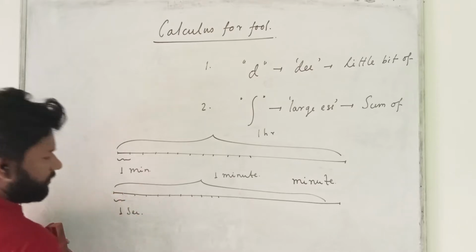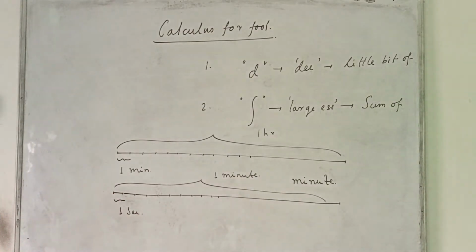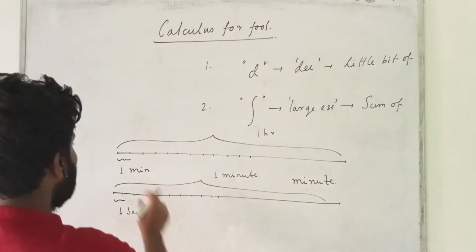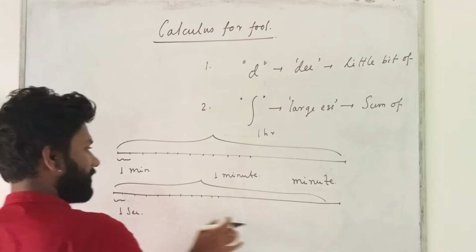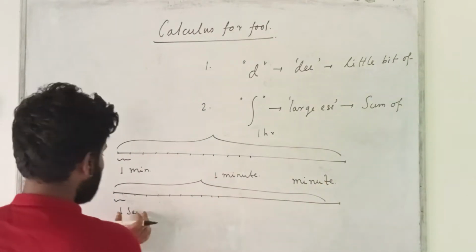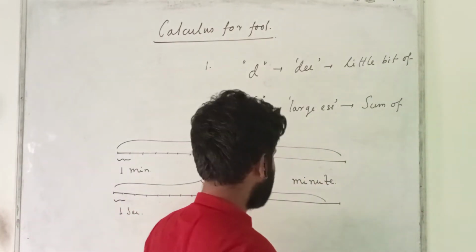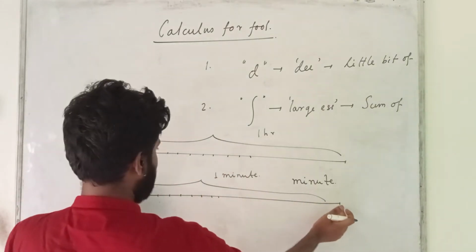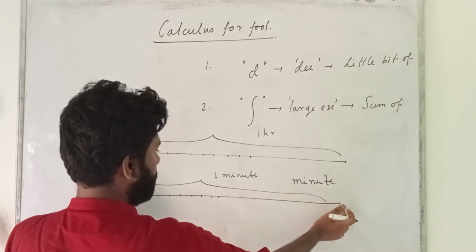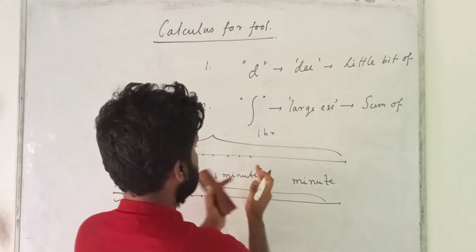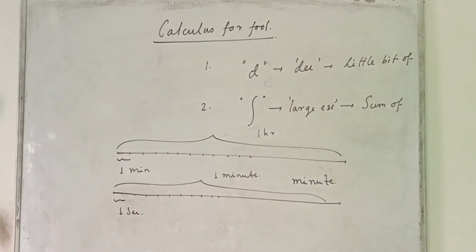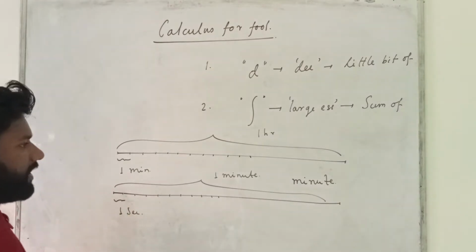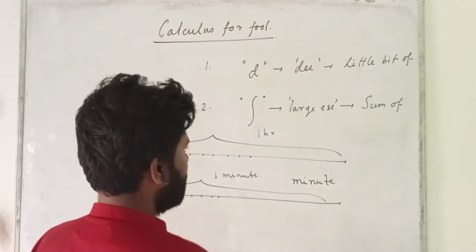Second means the second minute fraction of an hour. 1 minute is the first minute fraction of an hour, and the second is the second minute fraction. If you cut a minute into very small parts, you get a second.